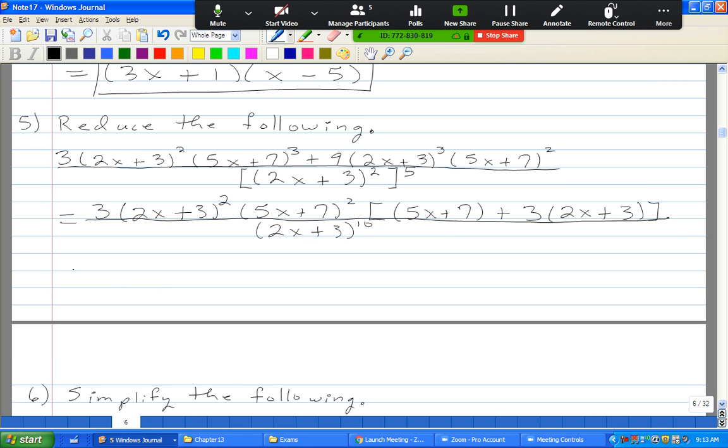And so this is equal to, I can cancel 2 of the 2x plus 3's. So in the denominator, I just get 2x plus 3 to the 8th. I still have a 5x plus 7 squared in the numerator. I have, well, a 5x plus 7 plus multiplying the 3 inside the parentheses, 6x plus 9.